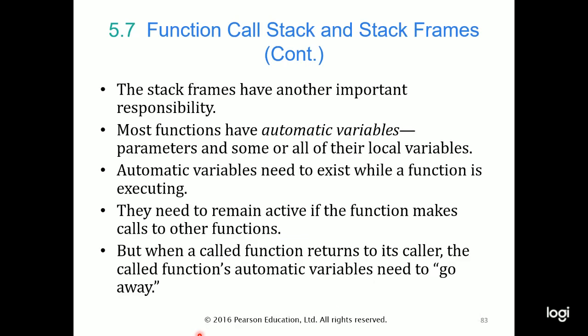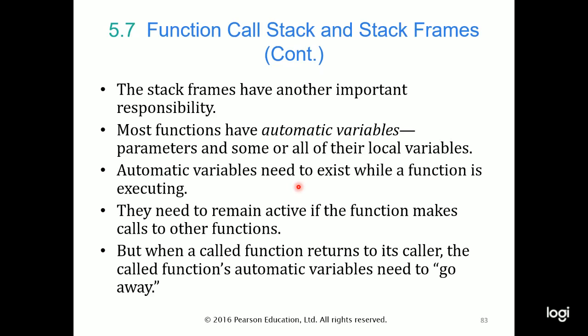Now one more thing that I want to point out is that the variables inside the function, let's say you go from the main function to function 1, the variables of function 1 will not be visible inside function 2. So in addition to pushing your return address to the stack, you also push your automatic variables, which will not be visible inside the functions that are being called.